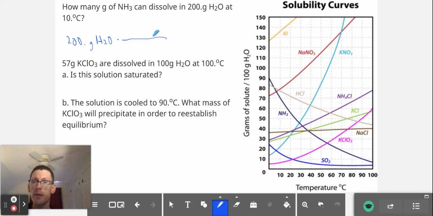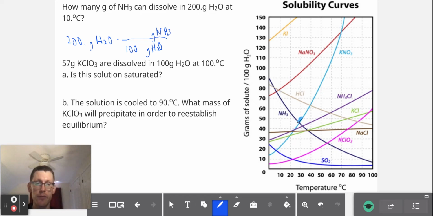And we need to figure out how many grams of NH3 are going to dissolve in however many grams of H2O. And as it happens, on this solubility curves chart, we have the vertical axis as grams of solute per 100 grams of water. So I'm actually going to put in 100 grams here. And again, how many grams of NH3?